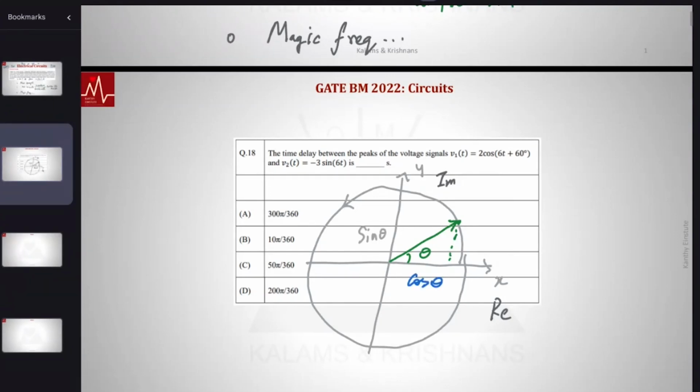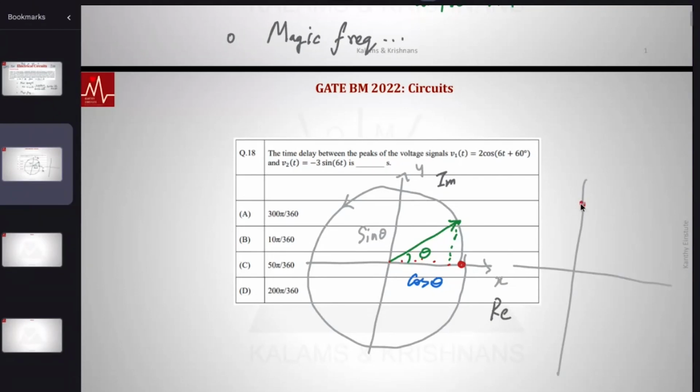When the arrow is along here, the x component is a maximum. Then as the arrow traverses the circle, the length of the x component keeps decreasing and becomes 0. If you plot the component as a function of time, you get essentially cos omega t.